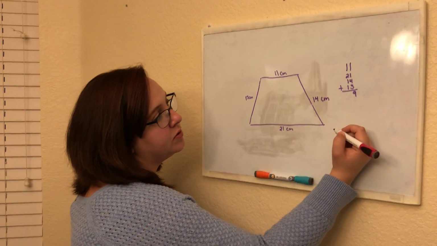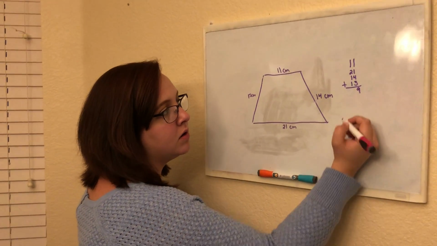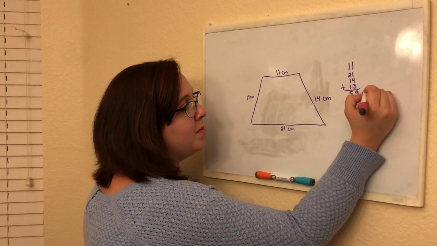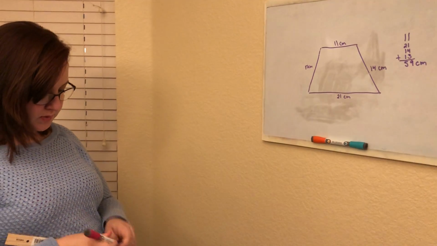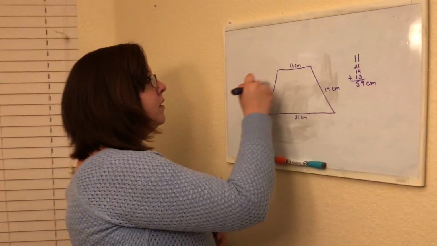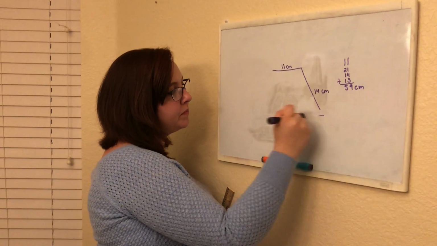What's 1 plus 2? 3. What's 3 plus 1? 4. What's 4 plus 1? 5. So, this trapezoid has a perimeter of 59 centimeters. Isn't that cool how we can do that? That is cool. Now let's try it one more time with a different shape.